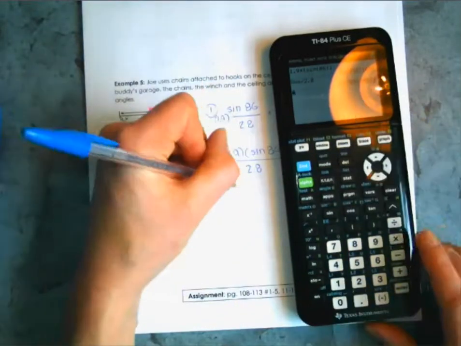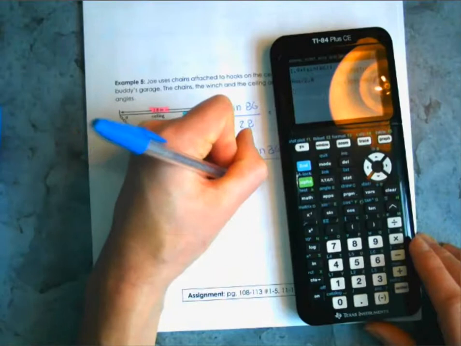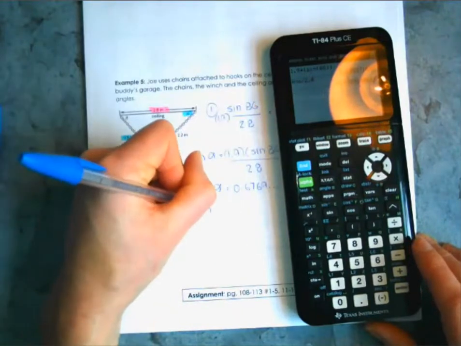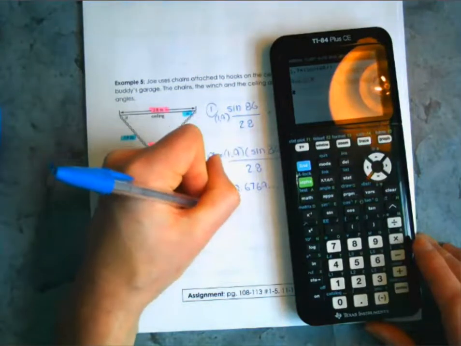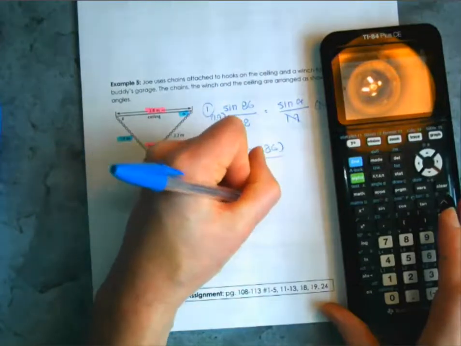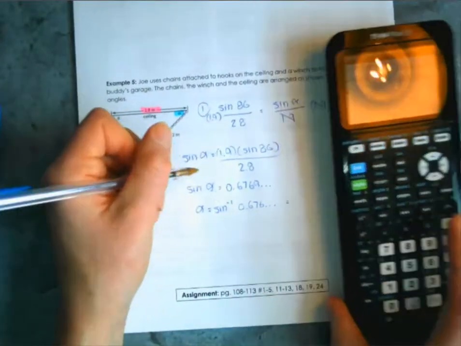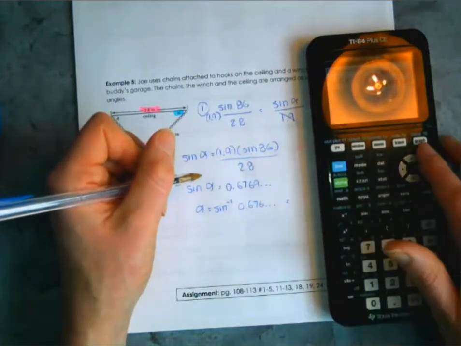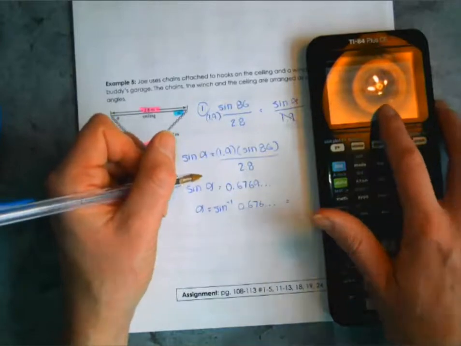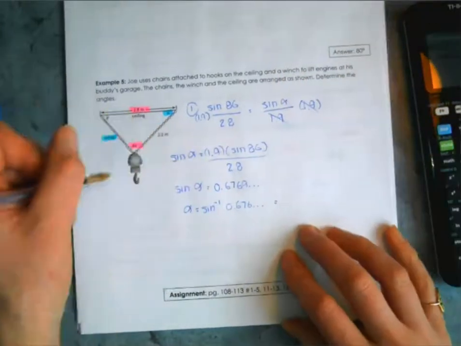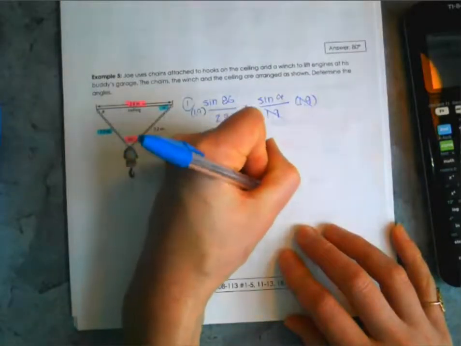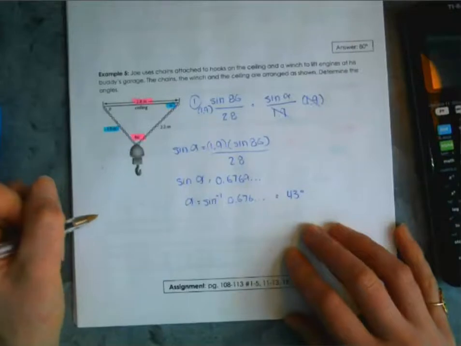So I get sine alpha is equal to 0.6769. And if I want to actually solve for alpha, I need to do sine minus 1 of 0.676. So alpha is going to be second function sine of this, and that's going to be 42.6 degrees. We'll round it up to 43, so we'll use whole angles here.